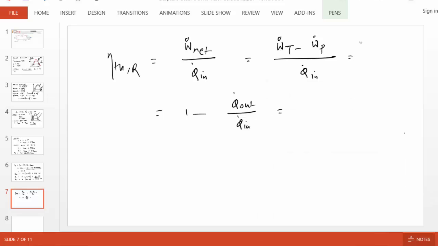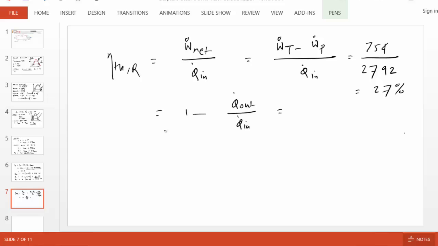If we substitute the numbers, W dot T minus W dot P, W dot net is about 754, and our Q dot in is approximately 2792, and that gives an efficiency of 27%.